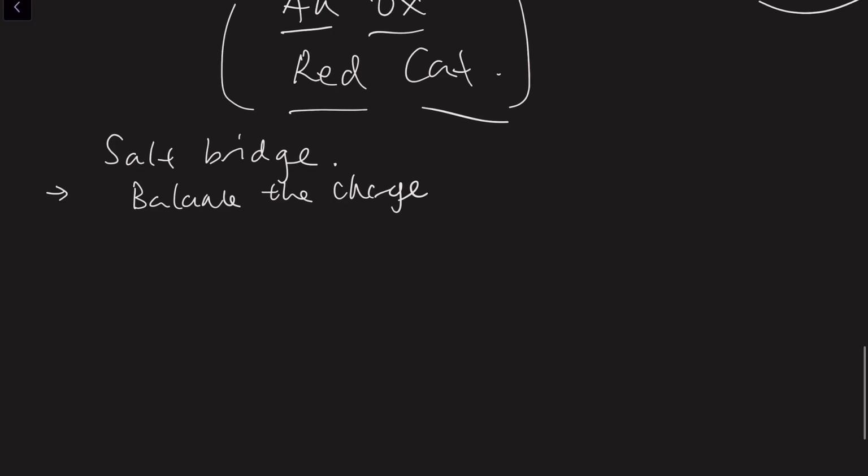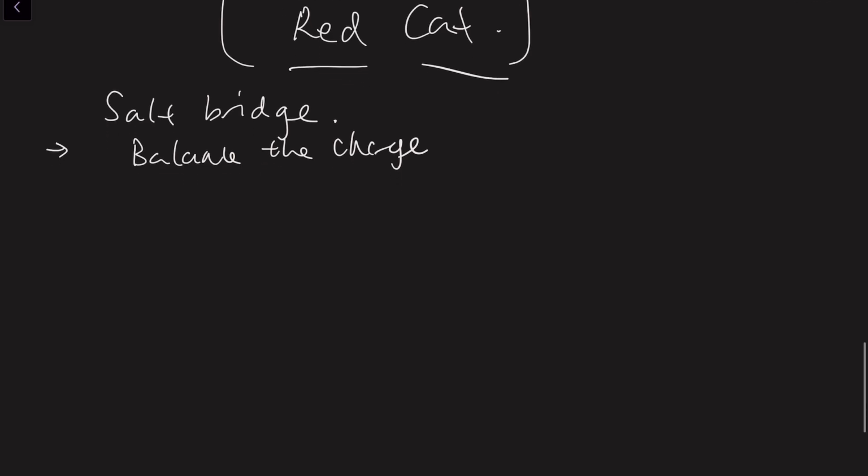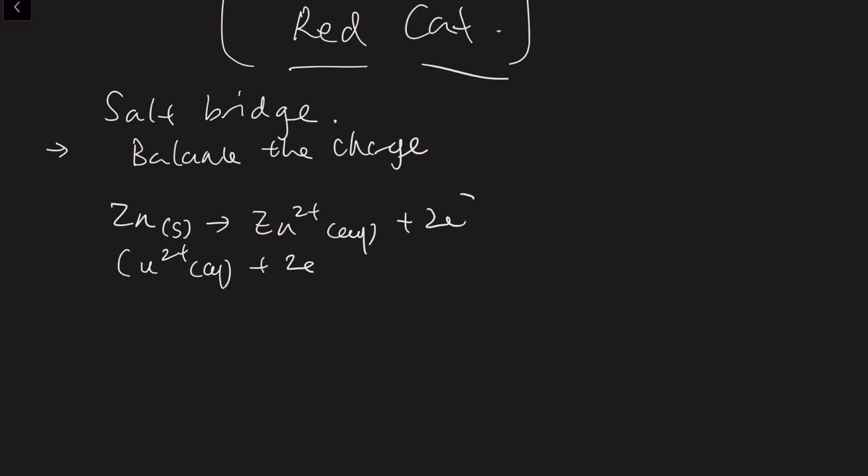So why do we need to balance the charge? So maybe first let's look at one example. If I tell you these two reactions would occur, we will also get to the reason why these two reactions would occur in the next section.